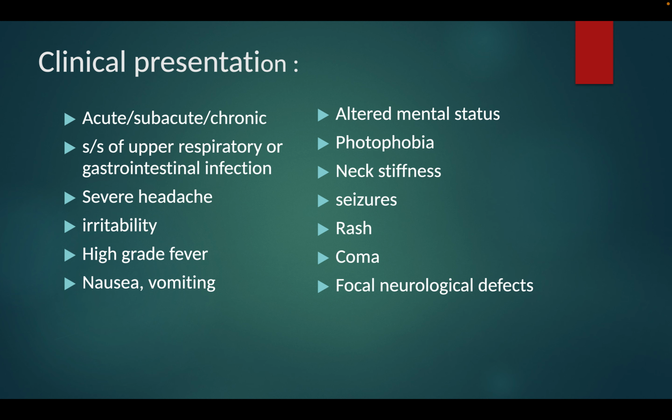They may present with severe headaches, irritability, high grade fever, nausea, vomiting, or most of the time with altered mental status, photophobia, neck stiffness, which may or may not be classically felt, seizures in a few situations, usually when it is associated with meningoencephalitis, and rash. Sometimes they can also present as coma or focal neurological deficits.